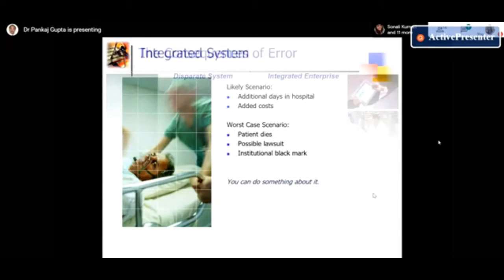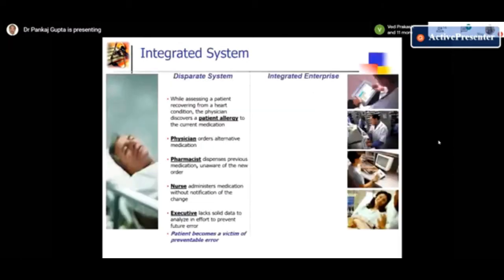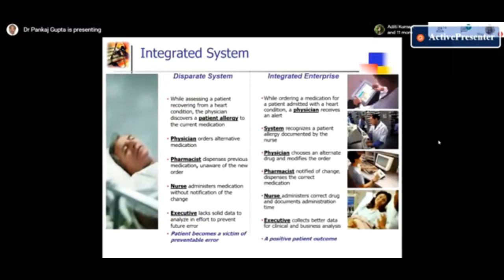So in a disparate system, this is what happens. However, in an integrated enterprise where you have standards-based integration, what will happen? The system will beep, just like the journey that I showed you, and at every stage the system is checking that you are administering what the physician ordered. So the system is intelligent.